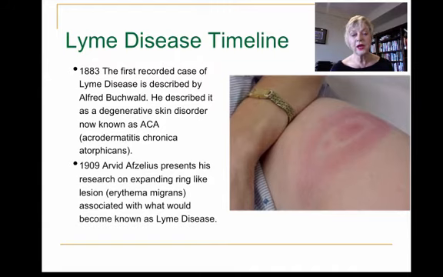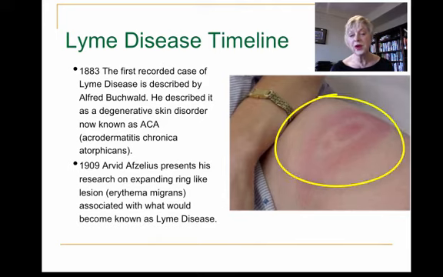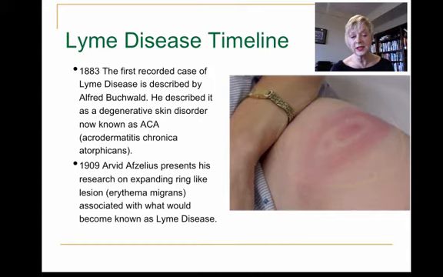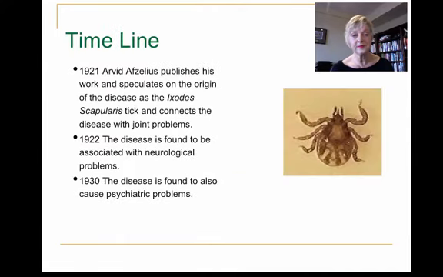In 1909, a researcher presented evidence that it was associated with what we now call the bullseye lesion on the skin, often seen right after the person has contracted the disease. In 1929, another researcher speculated that the origin of the disease was through the biting of a tick and connected the disease with joint problems.